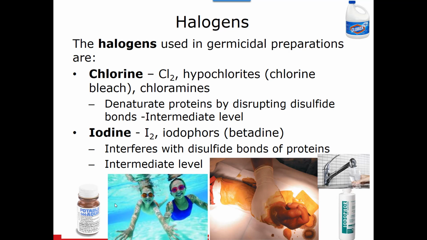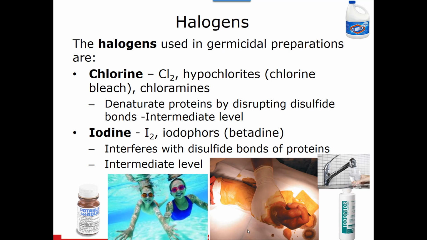We can use iodine and betadine, which is an iodine, on surfaces before different types of medical treatments. We use chlorine in water to disinfect water. So very common germicidal agents that are used not just in the healthcare setting, but out there, used different places like pools.